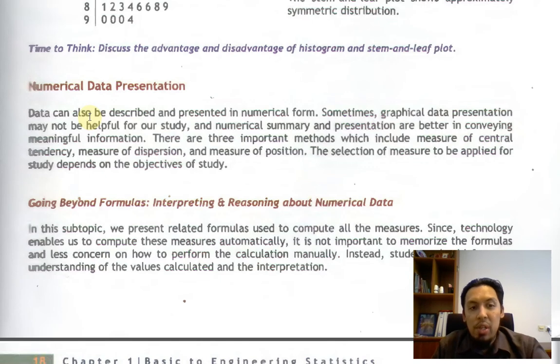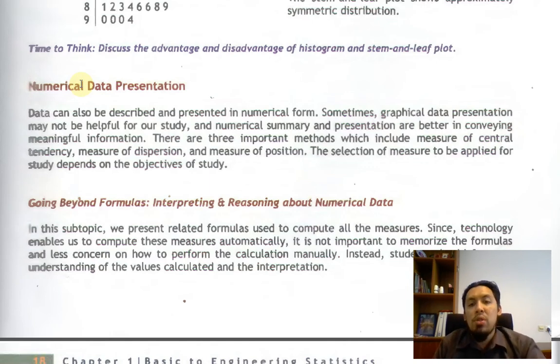Let's read a bit from the textbook. Numerical data presentation is data that is presented in numerical form. Sometimes graphical data presentation might not be helpful enough. You might need some numerical value that can portray the position, the spreadness, and the average.